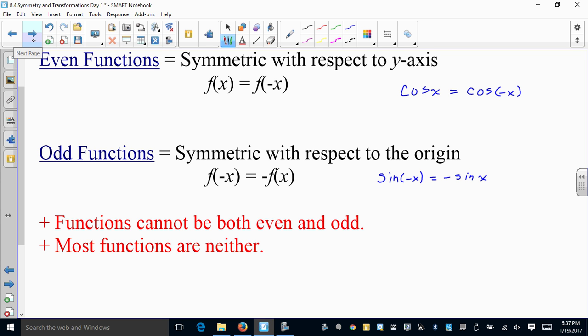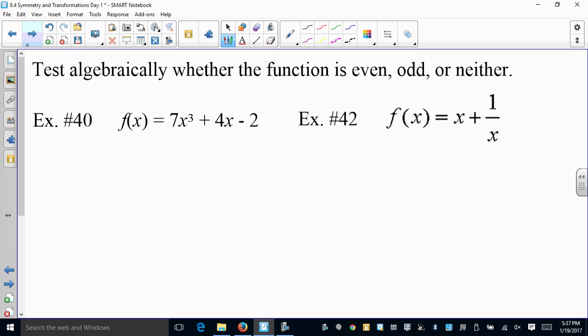Okay, so the first one, you check for even first. So even means that f of x must equal f of negative x. So we're just plugging in negative x for all of our x's.